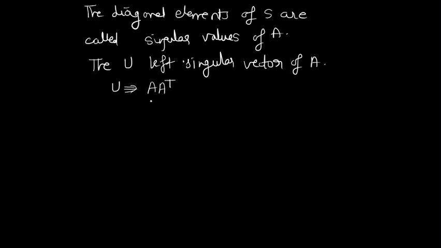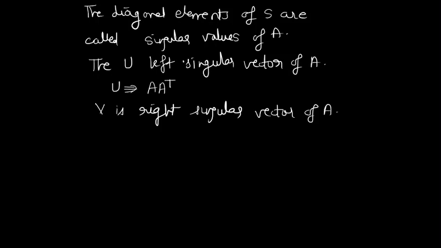Whereas V is called the right singular vector of A. And what are its entries?